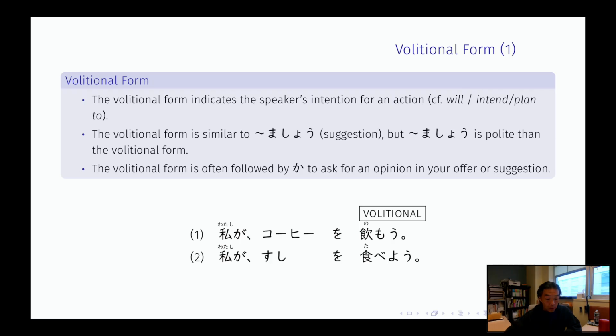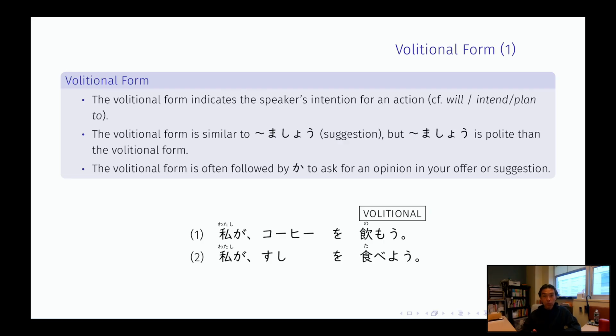Okay, the volitional form is quite different from the Japanese grammar we covered in the class so far. It is one of the conjugation forms in Japanese, so it is similar to plain short form, long form, potential form, and short negation.